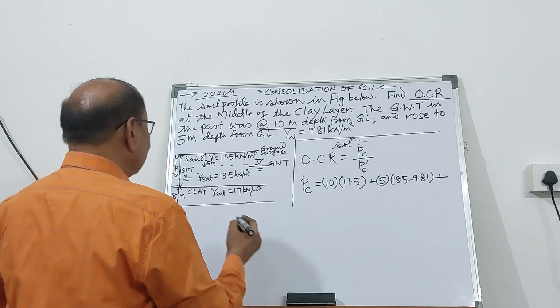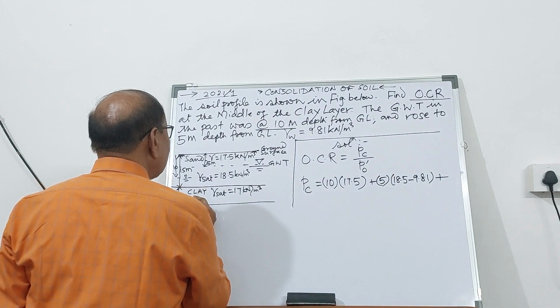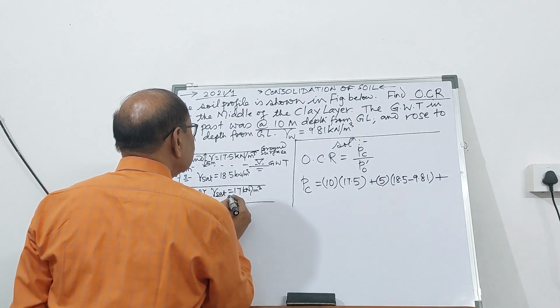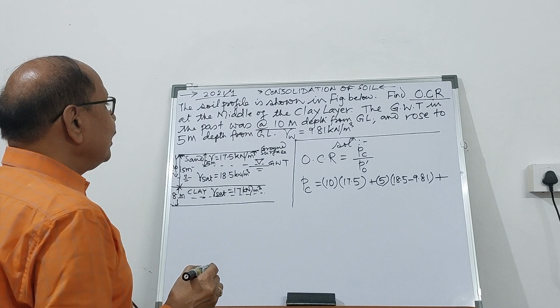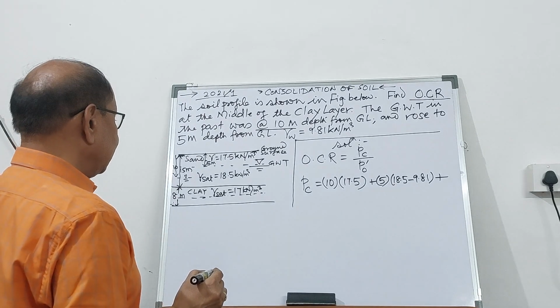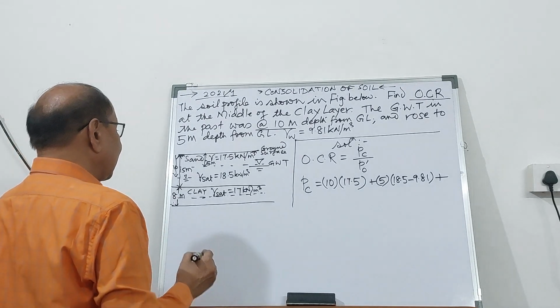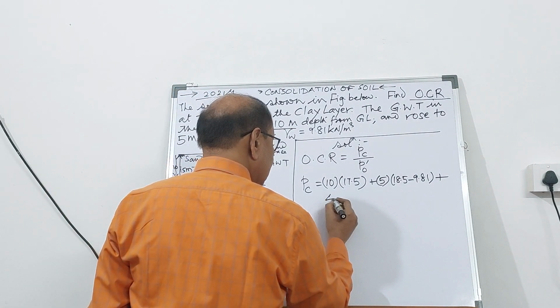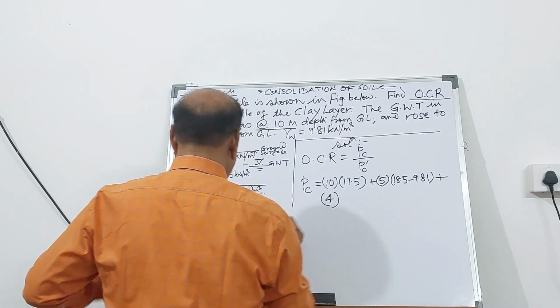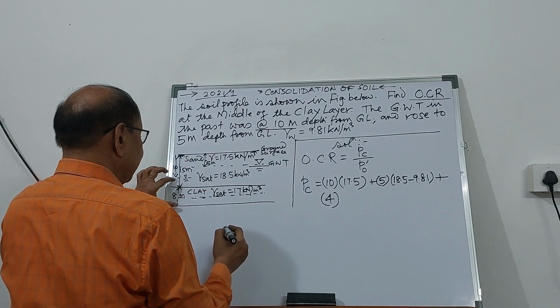You need to calculate at the middle of the clay layer. So at the middle of the clay layer, for 4 meter, so plus 4, this is 4 meter, 8 meter total.